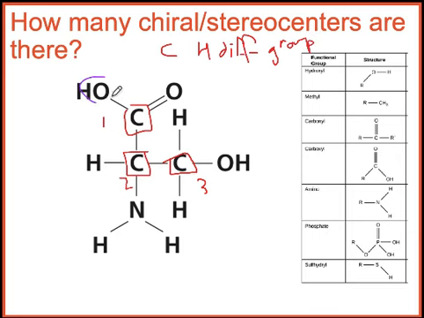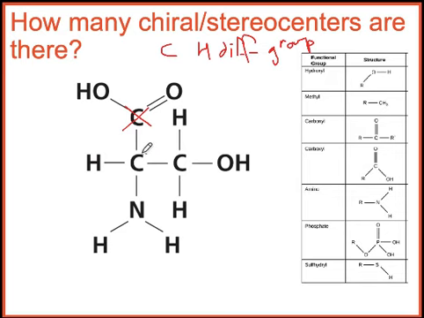I see an OH, and I see an oxygen, double bonded, which means it's only going to have 3. The double bond counts as another bond, right? So it's only going to have 1, 2, 3, and this 4th one. O is double bonded, so it's not going to have a hydrogen. If this was a single bond, there would be an extra H sticking out, which would mean we would count it as a chiral center. But in this case, nope, this is not a chiral center because there's this double bonded O.